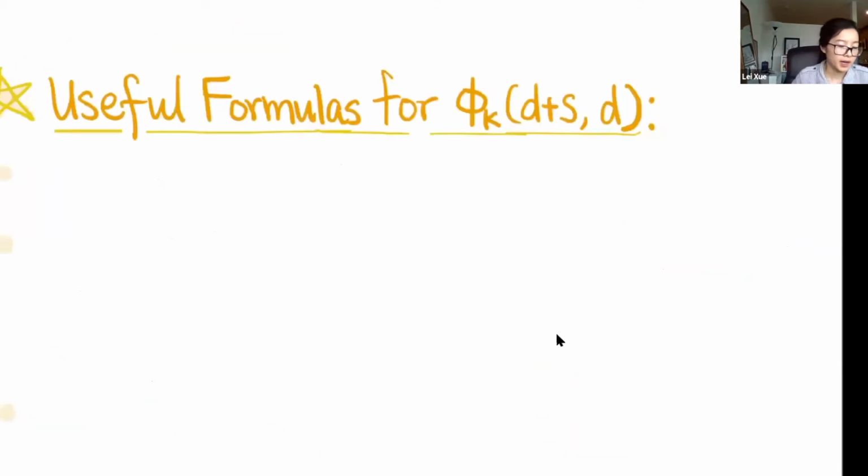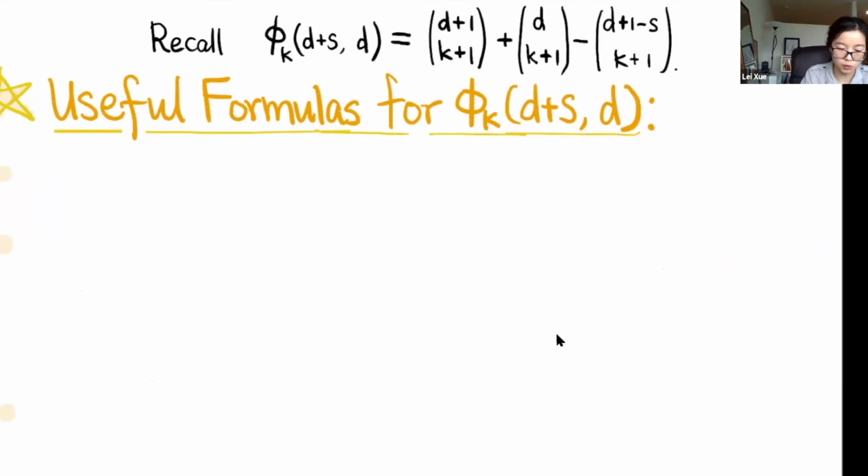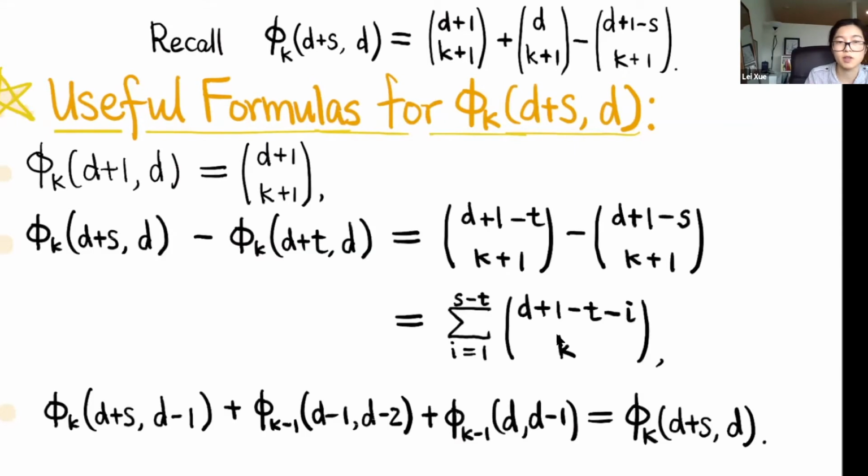Okay. And before actually going to the main proof, which will be surprisingly simple, we also need some useful formulas about this phi k formula, which we basically get from Pascal's triangle, those famous formulas about binomial coefficients. Okay, here are the three main formulas we want to use. The first one is by plugging in s equals 1, that's trivial.